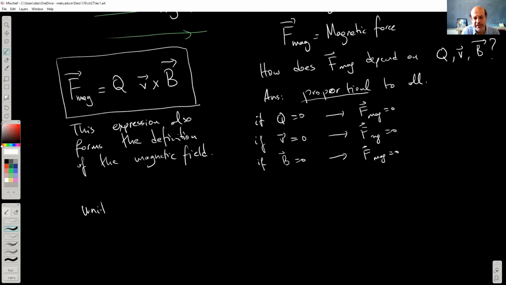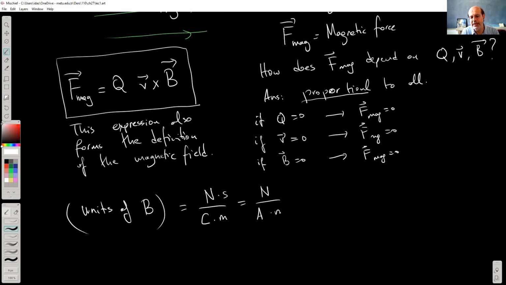So units of, let's say, B, you can easily see that this is newtons per coulomb per meter second. So it's Newton seconds per coulomb meter, or it is newtons divided by amperes meter. So for current carrying wires, this is going to be a little bit more familiar.